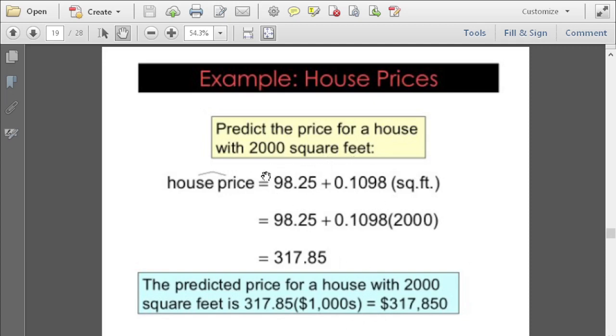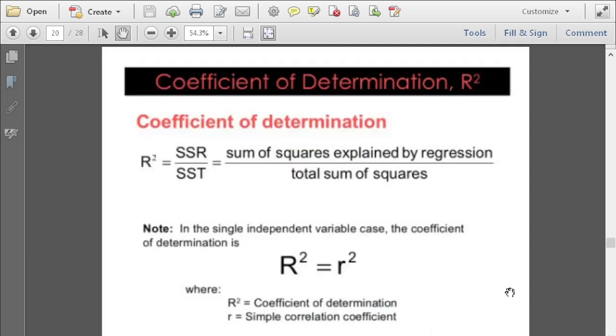So in this prediction, you just substitute the square feet and then do the computation. And then you can have here the value. The predicted price for a house with 2,000 square feet is $317,850.